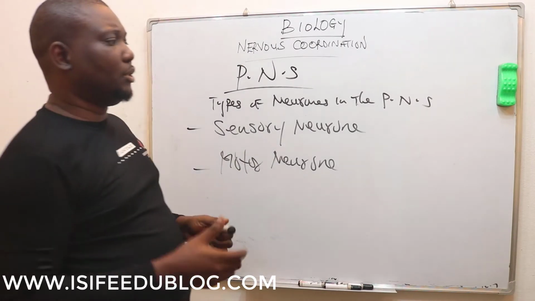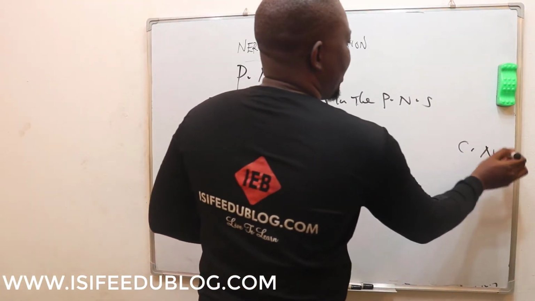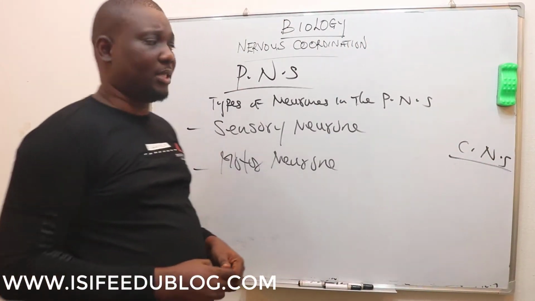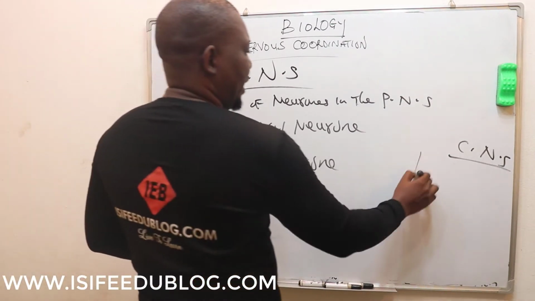But we have only one neuron at the CNS, that is the central nervous system, which is called the interneuron.